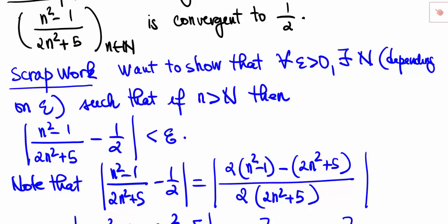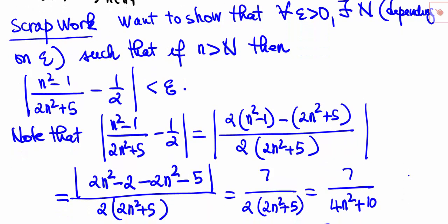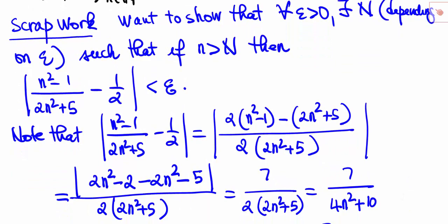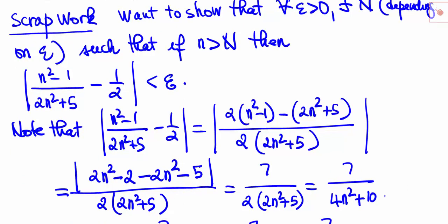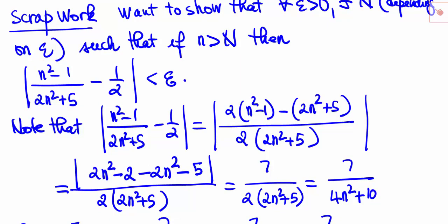So let's first analyze the difference between these two quantities. First, using some straightforward algebra, one reaches the point that n squared minus 1 over 2n squared plus 5, minus 1 half, is actually just 7 over 4n squared plus 10.